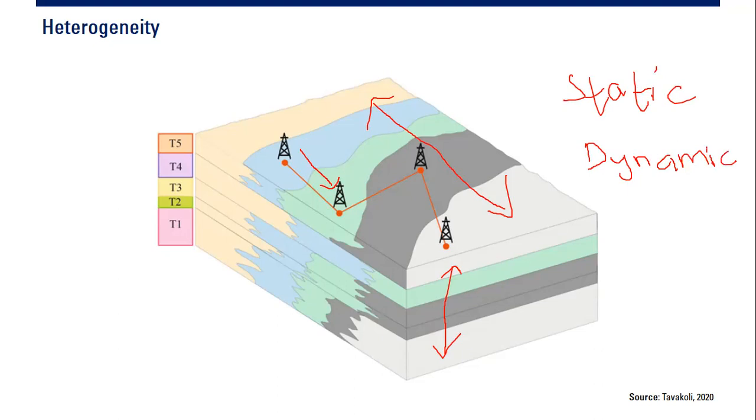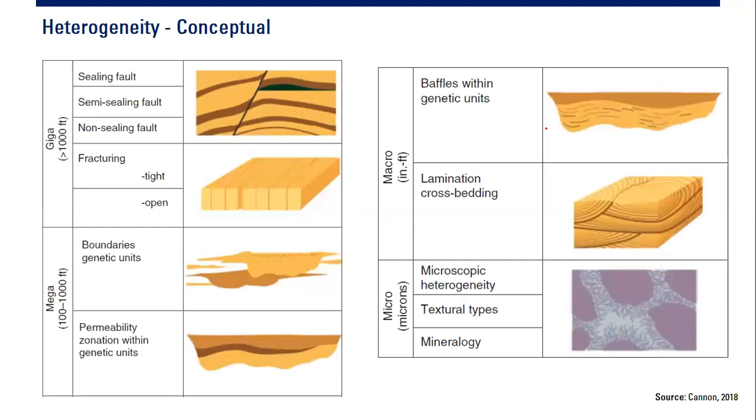But what we want to focus on in this class is static properties. So the permeability can be different, the porosity can be different. The rock properties are different vertically and or laterally. Yeah, heterogeneity from a conceptual point of view.